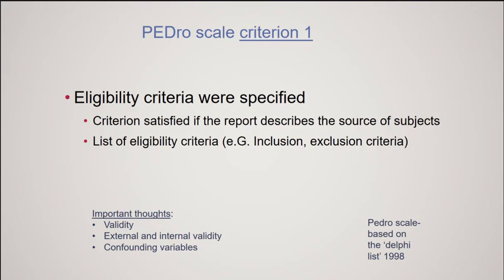A confounding variable is a third variable. These are variables that the researcher failed to control for, maybe they failed to eliminate, and this can damage the internal validity of an experiment.